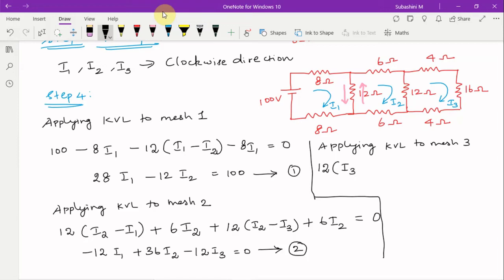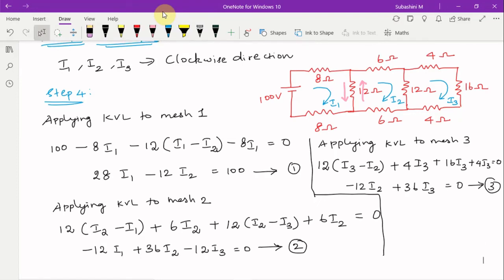Therefore 12 into I3 minus I2 plus 4I3 plus 16I3 plus 4I3 equal to 0. When I reduce this, minus 12I2 plus 36I3 is equal to 0. This is going to be my third equation. So for each mesh, I have formed the equation.